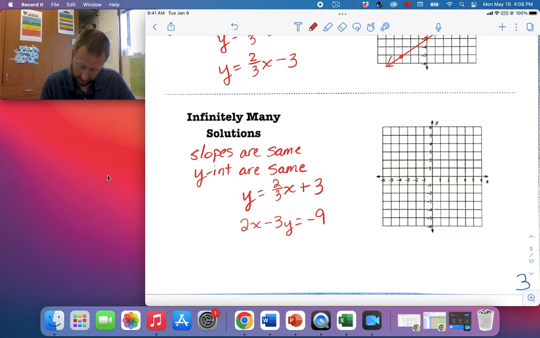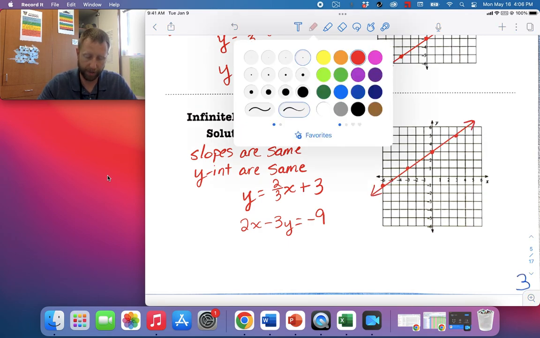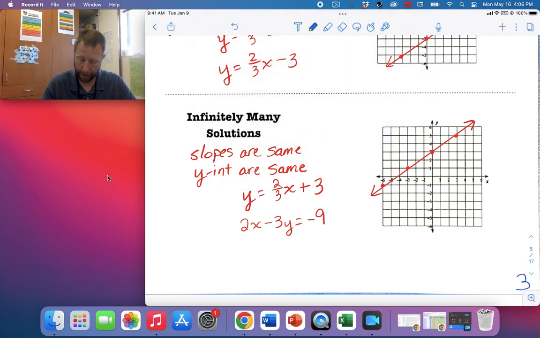So it's really just going here and then up 2 over 3, and then going down 2 over 3 and down 2 and over 3 one more time. It's that. And when you solve the other one, you get the exact same points. That's why it's infinitely many solutions.